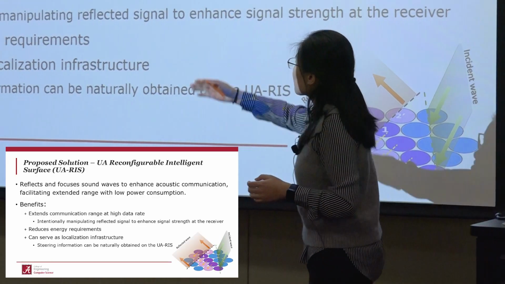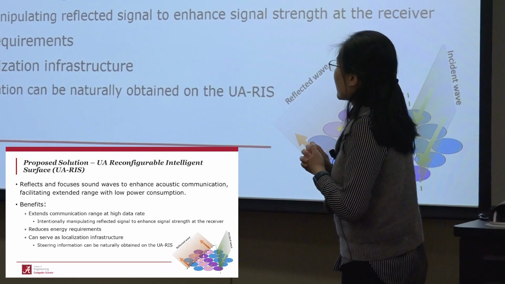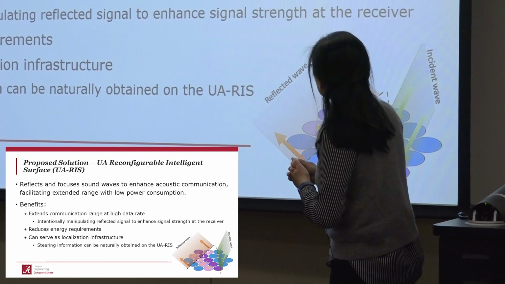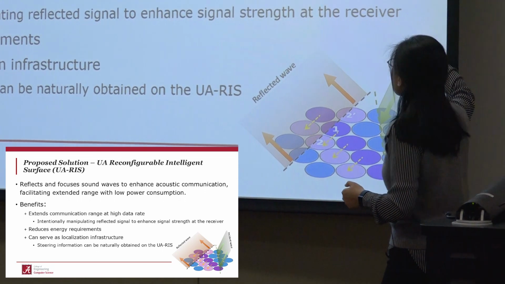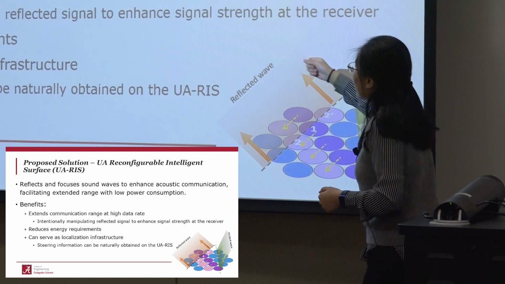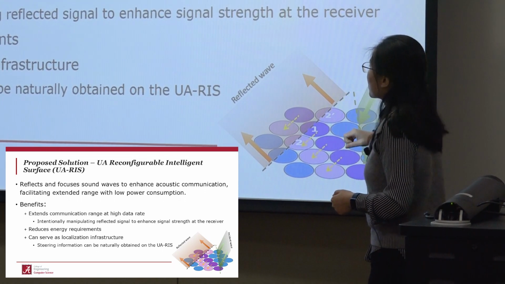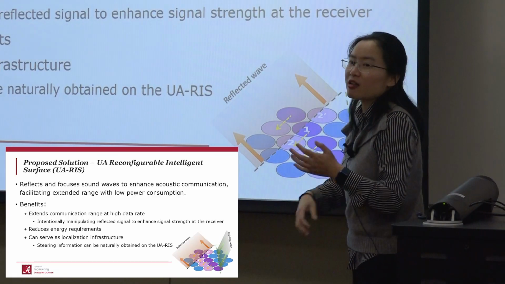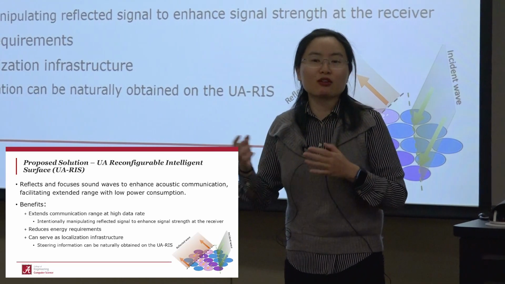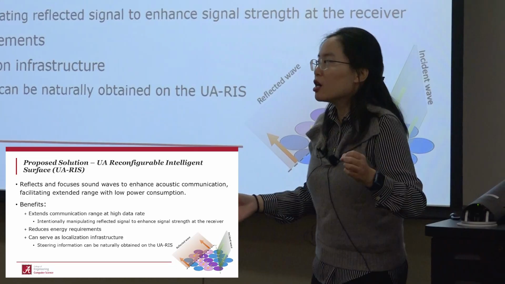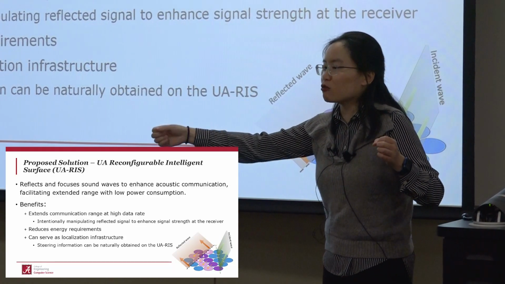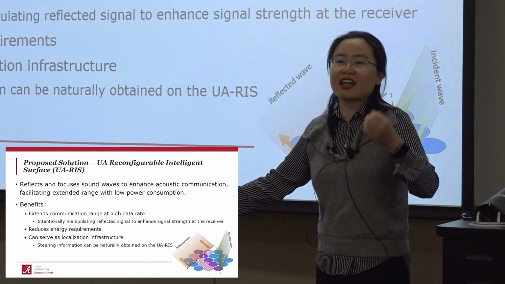Another benefit is it reduces the energy requirement, because it doesn't require the transmitter to increase its transmission power to reach a longer distance, which is the current strategy. If you want to reach a node further away, you need to use higher power.